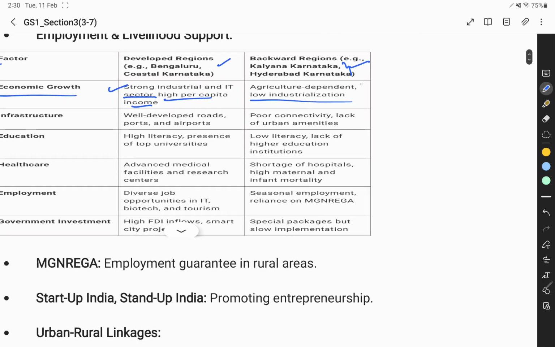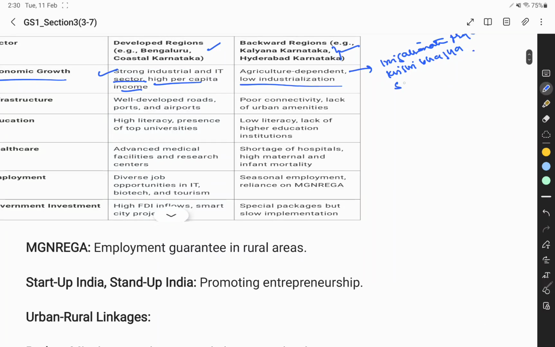Agriculture development includes irrigation projects, then Krishi Bhagya, then Samagra Krishi Abhivruddhi Yojane, Samagra Raitha Abhivruddhi Yojane, etc. Then we have PM Kisan from the center.